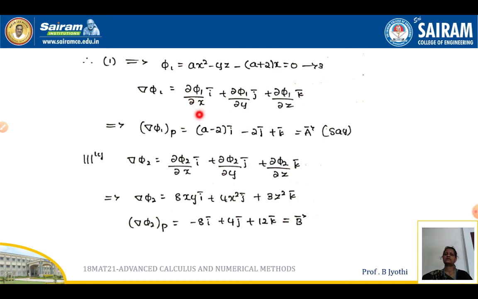Del phi 1 equals dou phi 1 by dou x i plus dou phi 1 by dou y j plus dou phi 1 by dou z k, at the particular point, which is (a minus 2) i minus 2j plus k, say A. Del phi 2 is similarly found at the point as minus 8i plus 4j plus 12k. Let's call this vector B.